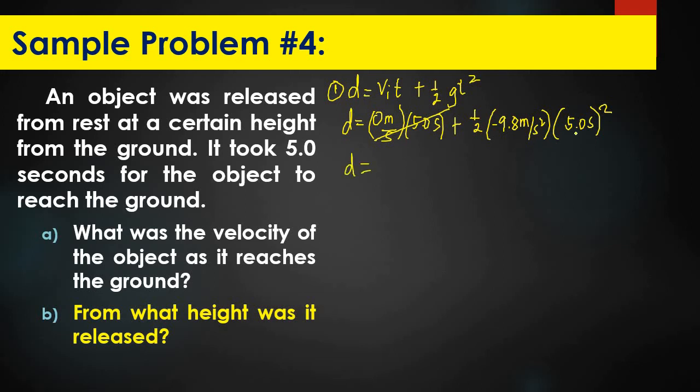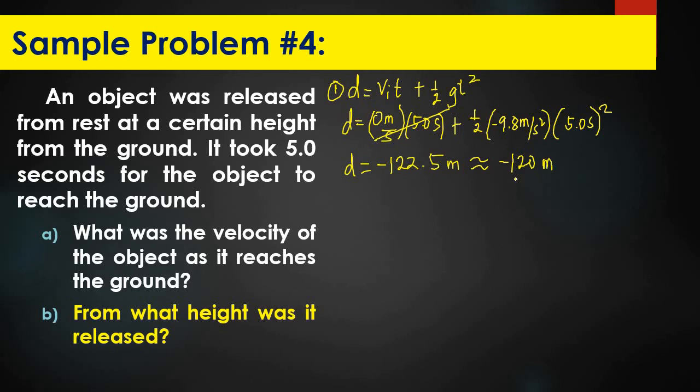D is equal to 5 squared, 25, times negative 9.8 times 1/2. Pakisimplify. Negative 122.5 meters.